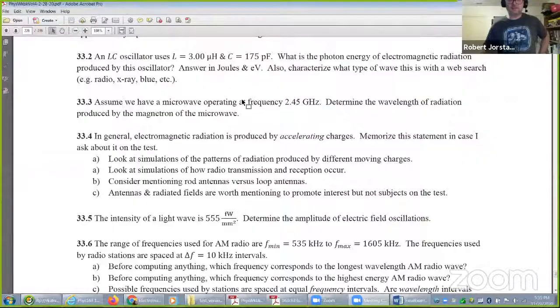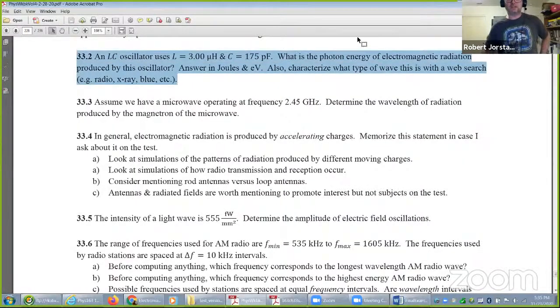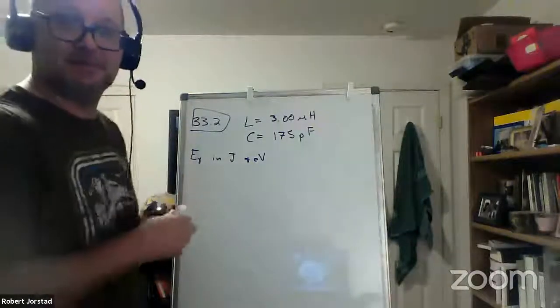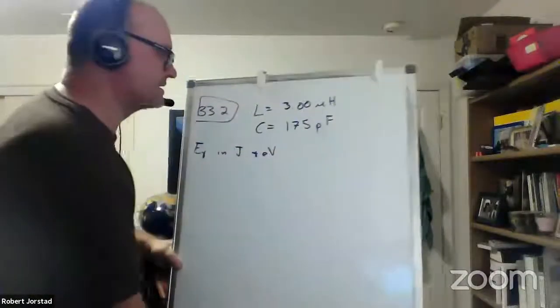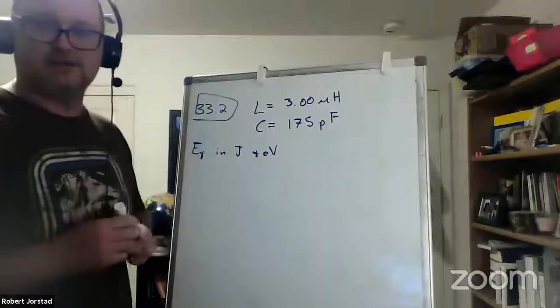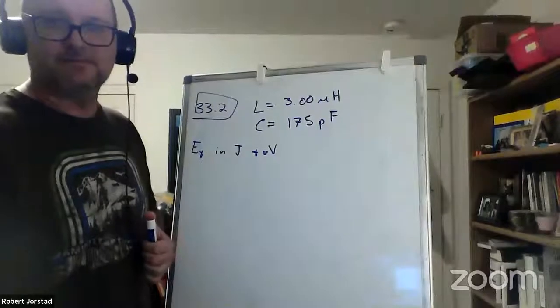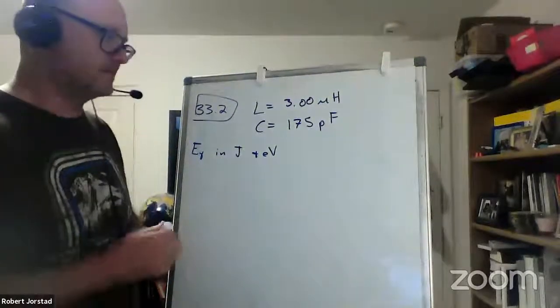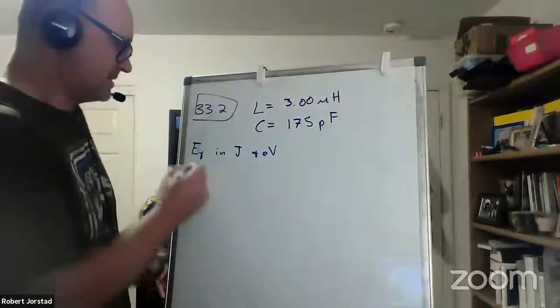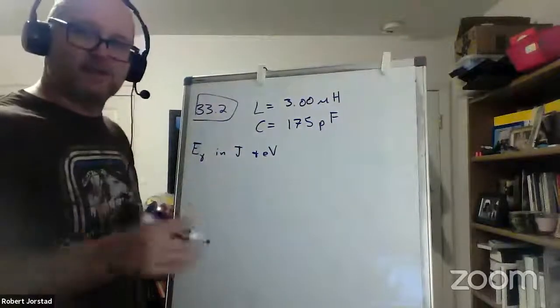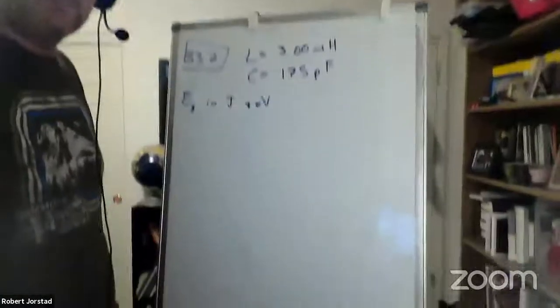All right, let's get back to this one. Okay, so let's take a look at this. All right, so in this case, what would you do here? How does this relate to an LC oscillator? Any equation, anybody? Let's get this rolling.